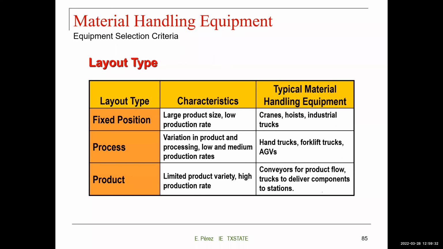If you have a process layout type, you have a variation in product and processing, low and medium product rates. So hand trucks, forklift trucks, AGVs. And the product design layout type, limited product variety, high production rate, conveyors for product flow, trucks to deliver the components to the station. So again, tying this information back to our discussion at the beginning of the semester.